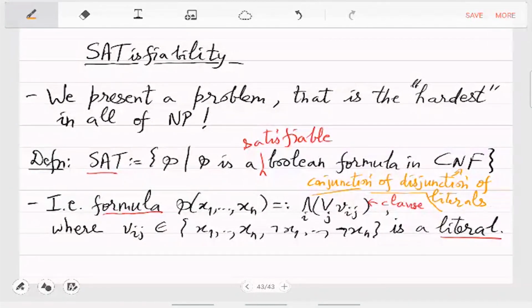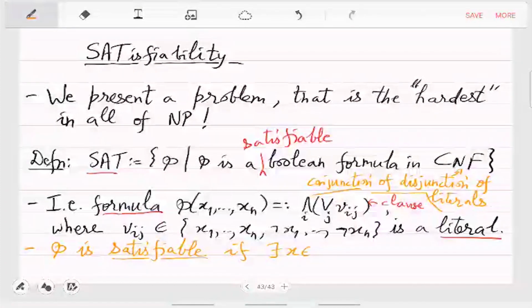And let's see a simple example. Okay, let me also mention what satisfiability is if you have forgotten. So phi is called satisfiable if there is an x in {0,1}^n, that is n variables with 0, 1 values, you can also think of it as false, true, such that phi on x is 1.